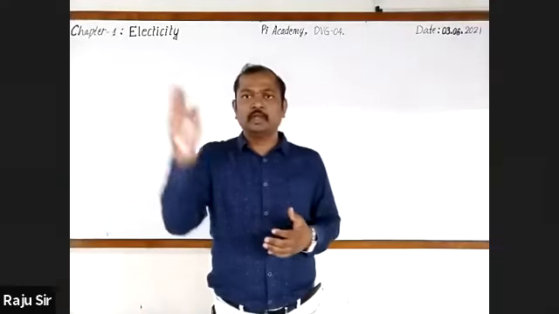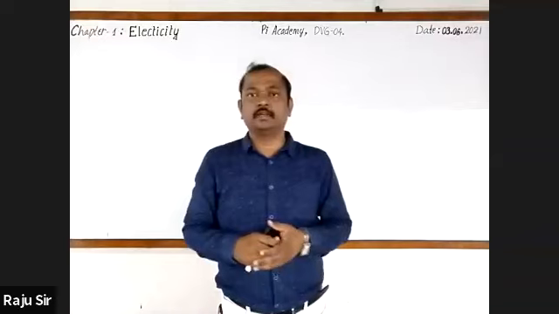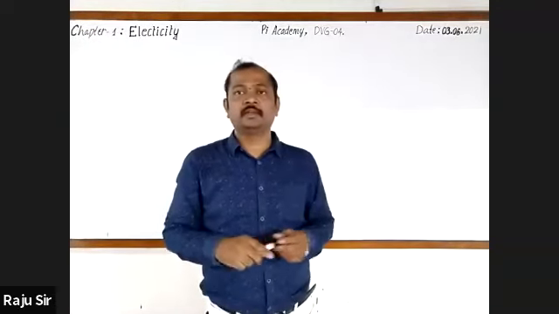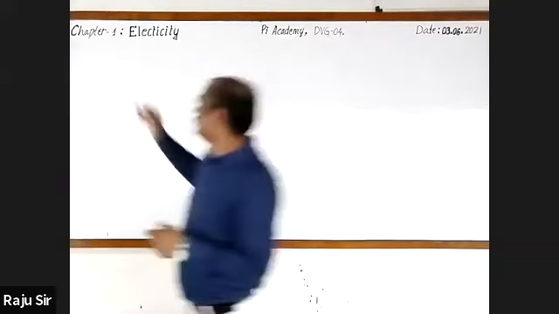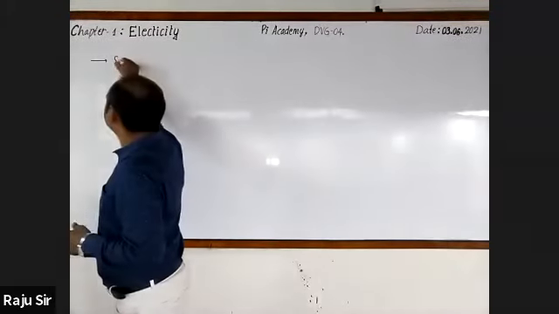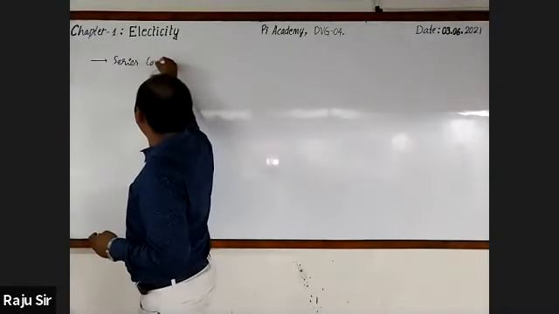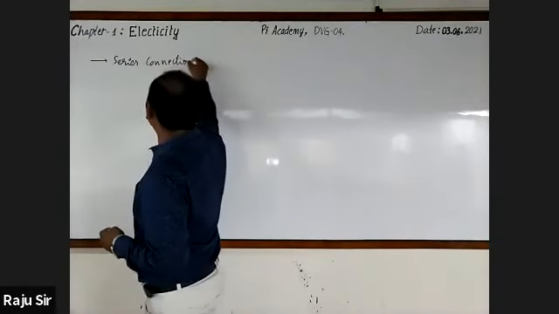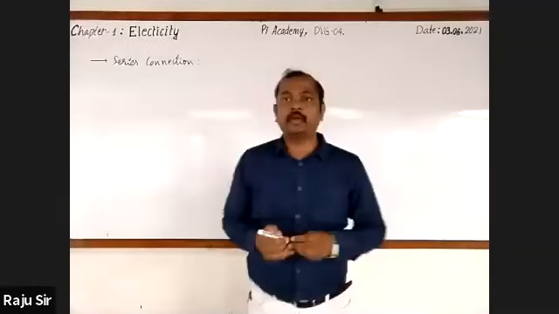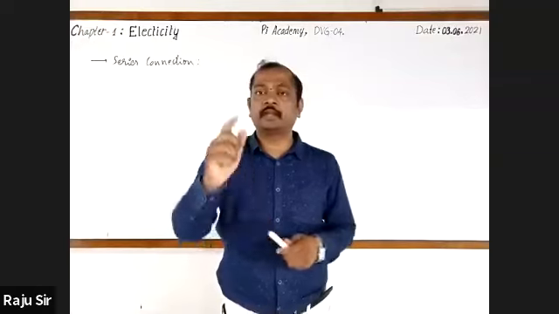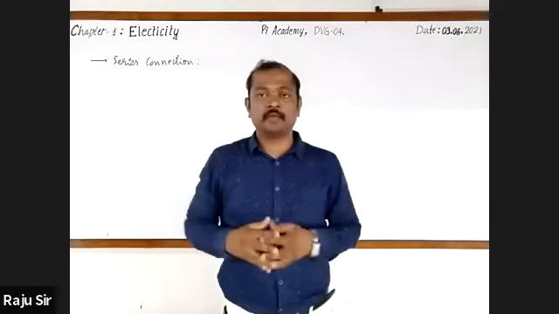Series connection. If two or more resistors are connected end to end, then they are said to be connected in series. In case of series connection, we know how the physical quantities like voltage, electric current, and electric resistance vary, right?